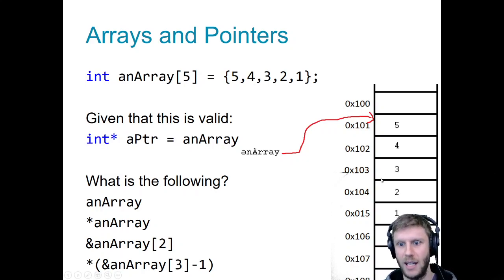But for simplicity, I'm just doing simple arithmetic. If I want to get really precise, I should be counting by 4 in the memory addresses. But anyways, 0, 1, 2, 3, that's the 2. We get the address of, we get 104. We subtract 1, we get 103. And then we say dereference, which means, okay, what's inside? Well, that's 3. This is an exceptionally roundabout way of getting the contents of an array at 2.